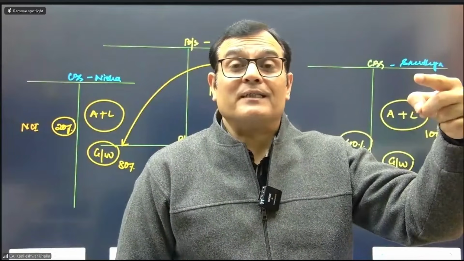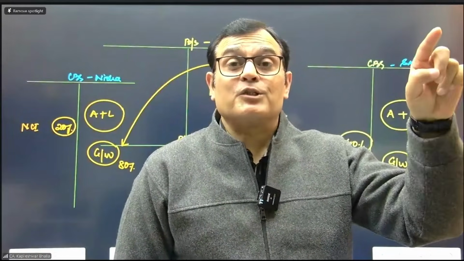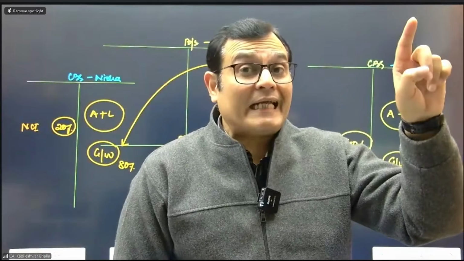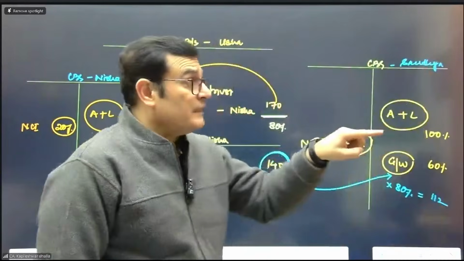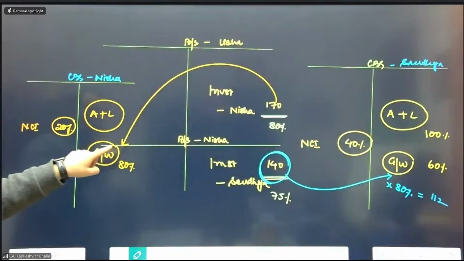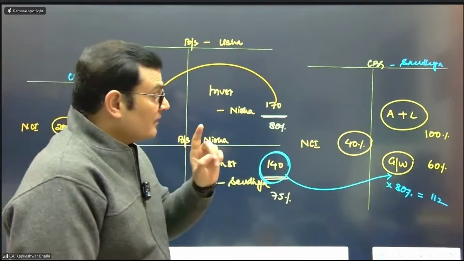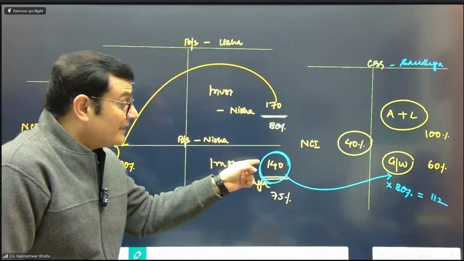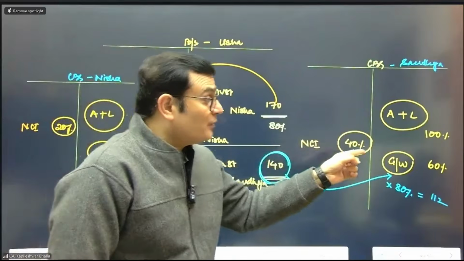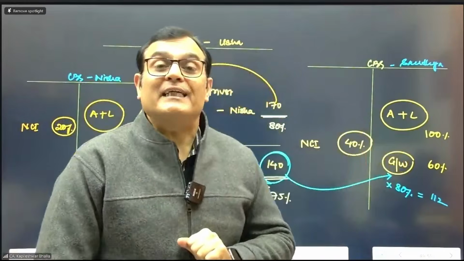Therefore, it does not appear in the consolidated balance sheet because it is gone in the goodwill calculation. So this entire 170, mind the words, this entire 170 went in the goodwill calculation. Now let's come back. Did this entire 140 enter the goodwill calculation or only 80% entered?